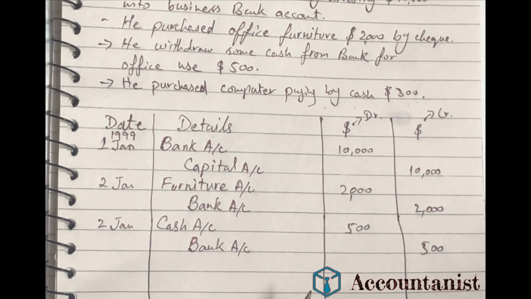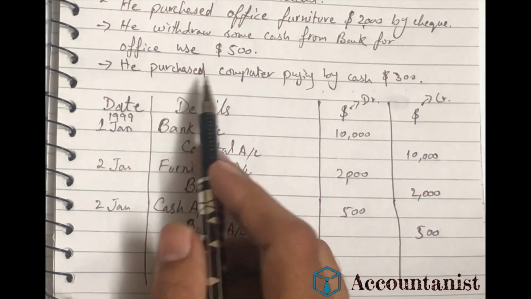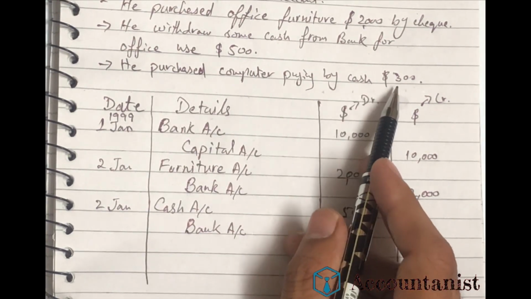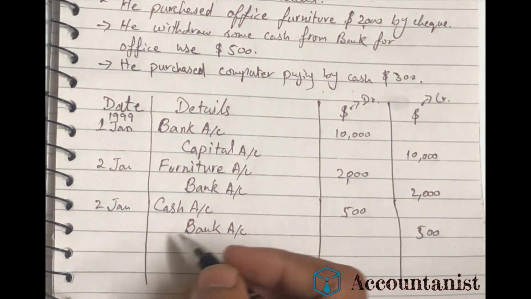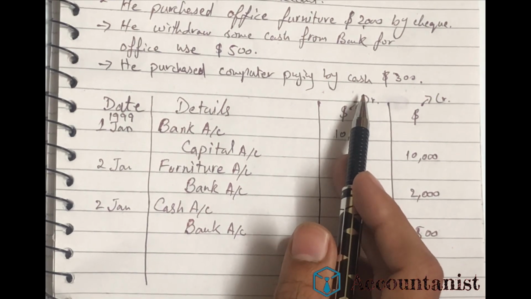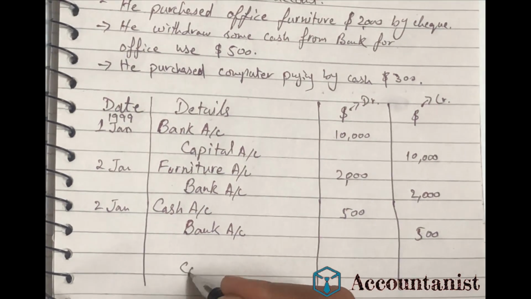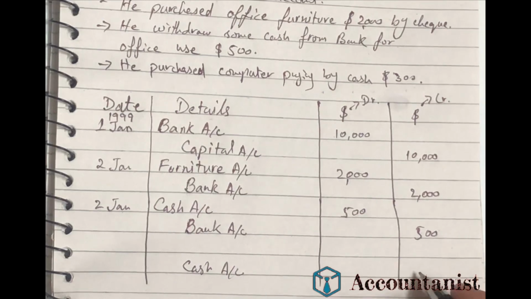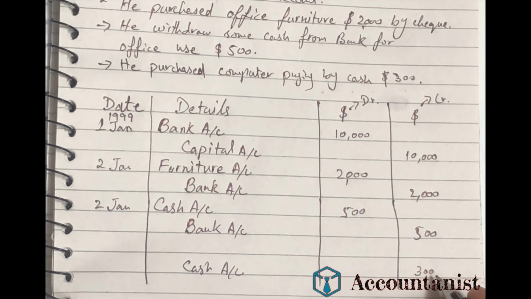Now let's move on to our last entry, and that was he purchased a computer paying by cash for $300. So in this transaction, our cash balance is going to be reduced, which means we will write down the cash account on a credit side with the amount of $300.